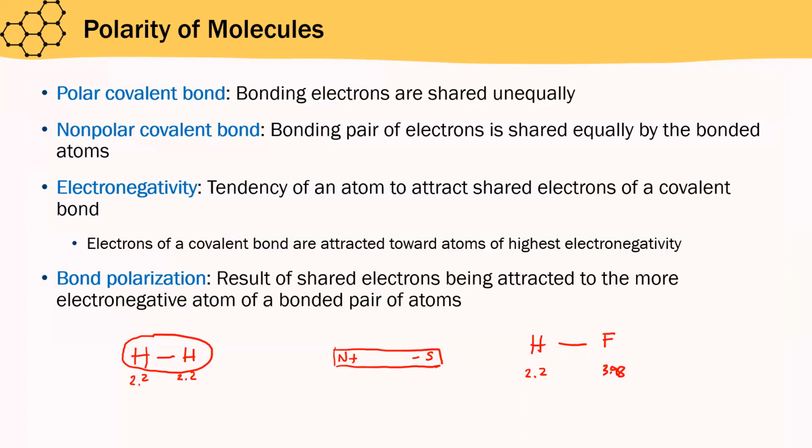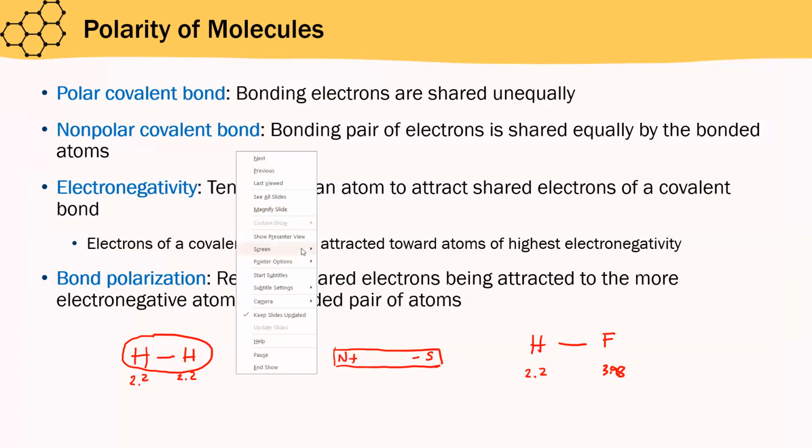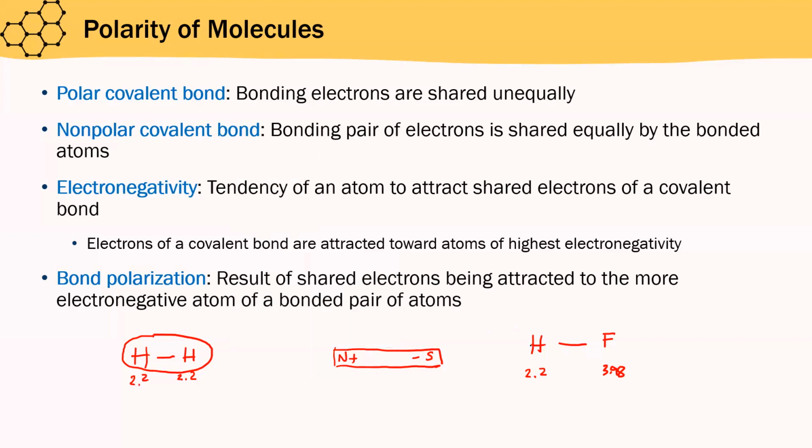If we look at the HF here, we have a higher electronegativity around the fluorine atom compared with the electronegativity of the hydrogen atom. So that means the fluorine is more electronegative. But what does it mean for an atom to be electronegative? When you say an atom is electronegative, it will pull the electrons towards it.